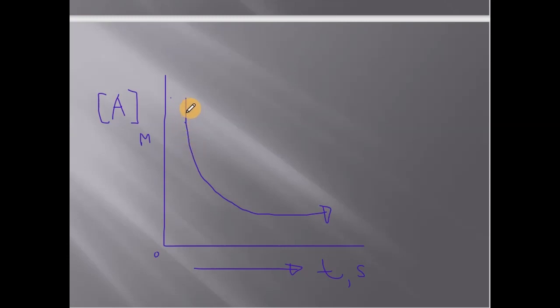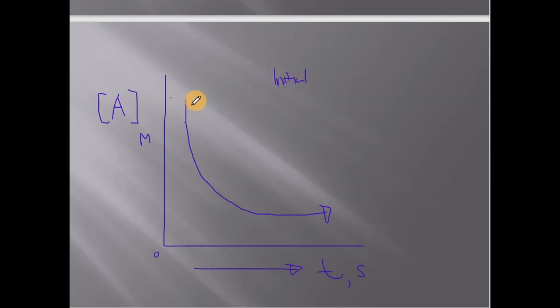If I want to find the slope at the initial point here, where the time is almost 0, that's going to give me a rate, and that rate is what they call the initial rate of the reaction. So the initial rate is the rate found at the beginning of the reaction where the time is almost 0. As the name implies, it is the initial rate because it is found at the start of the reaction.